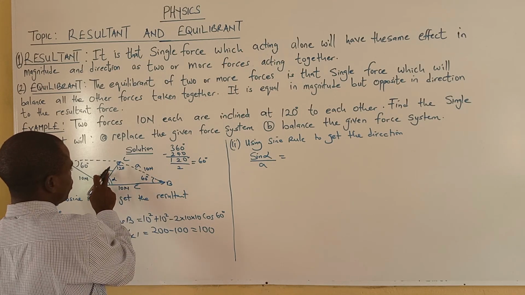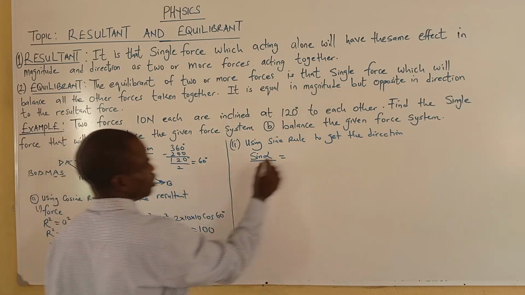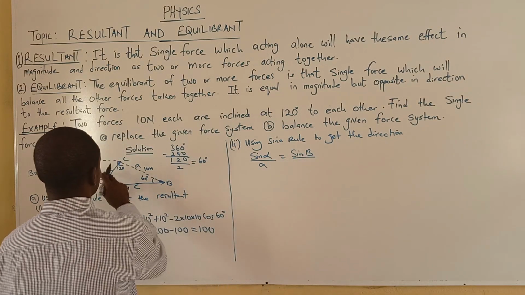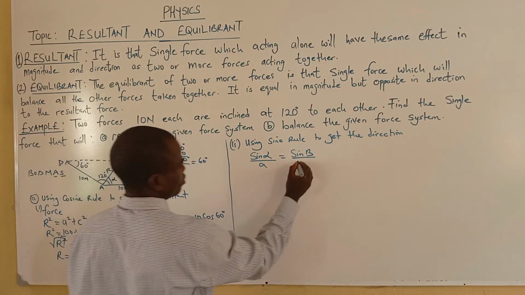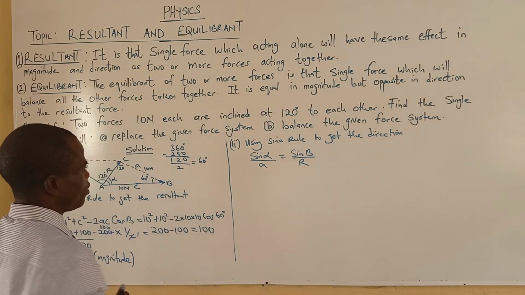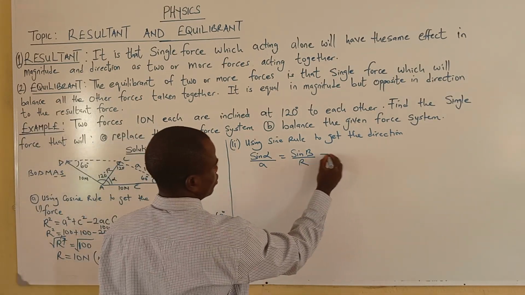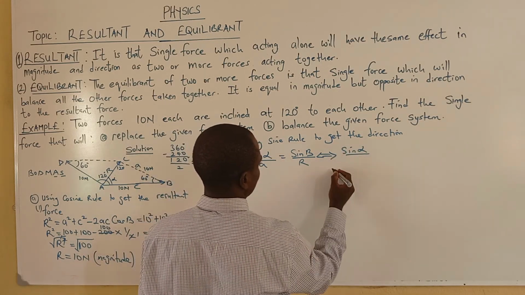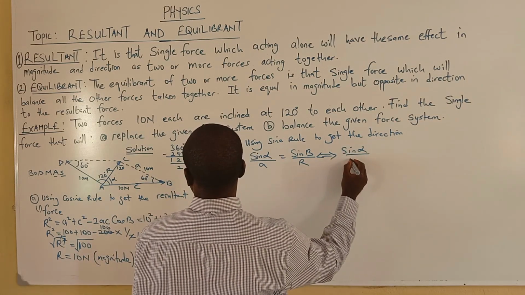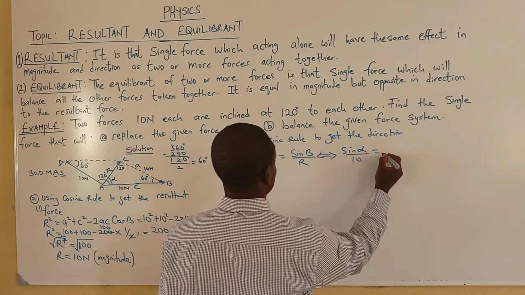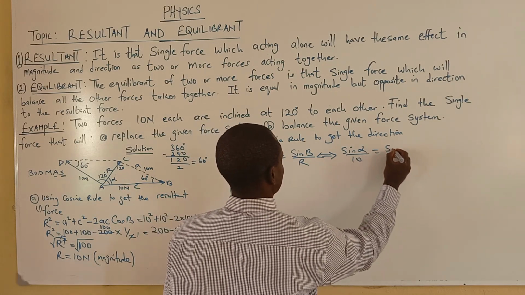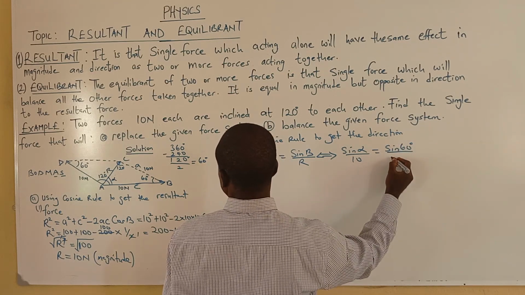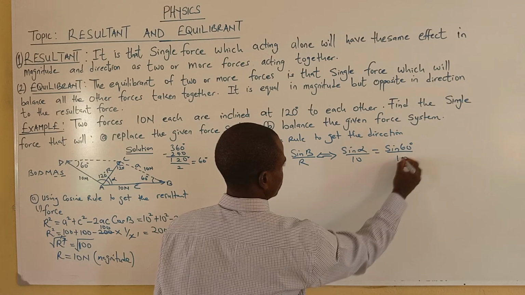You must pick the one you have gotten with the angle opposite to it, which is sine B, capital B, over R. Now it implies that sine alpha over a, which is 10, equals sine B, which is 60 degrees, over R, the resultant, that's 10.